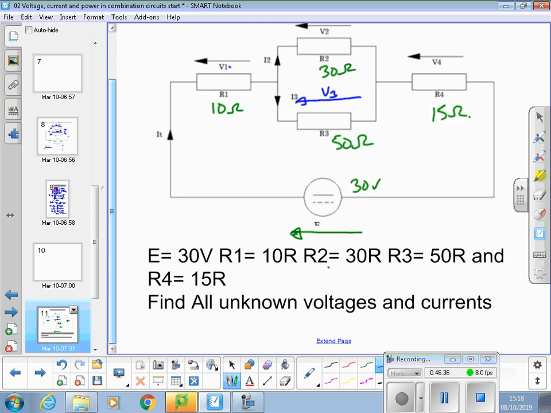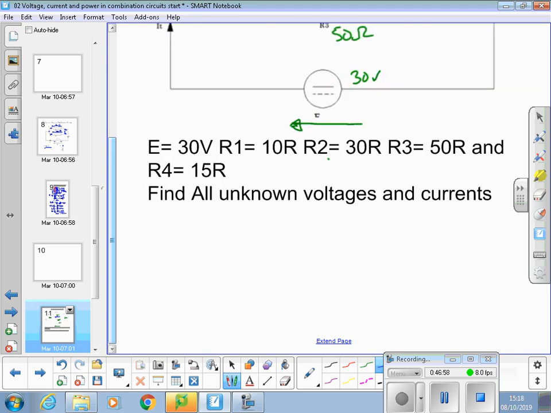They've got the same volt drop across them. We've got V4 across R4, and we've got a current I2 going through R2 and a current I3 going through R3. All those unknown things plus the total resistance we want to find. So let's start.